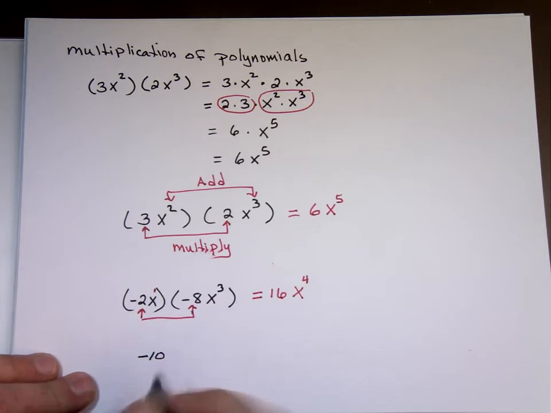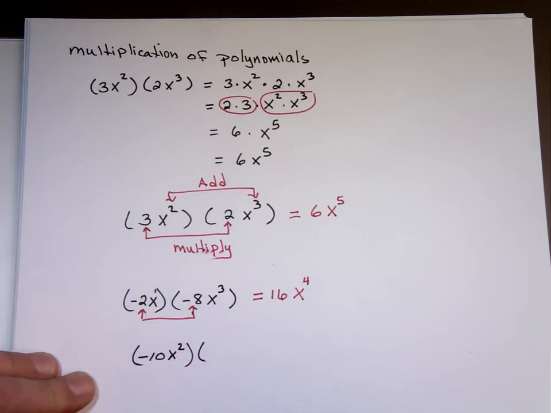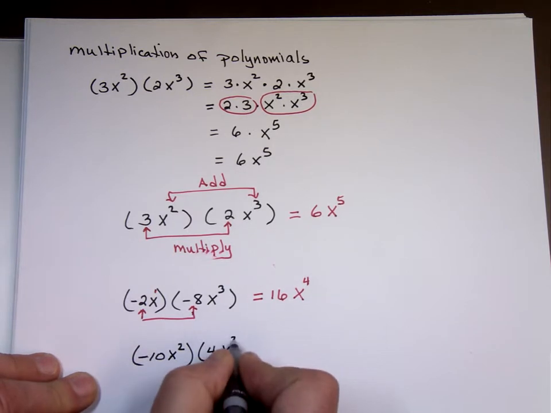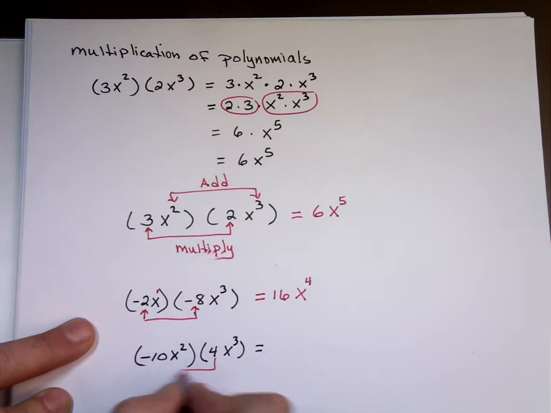Negative 10x squared, another one, times 4x to the third. Multiply the 2 numbers.